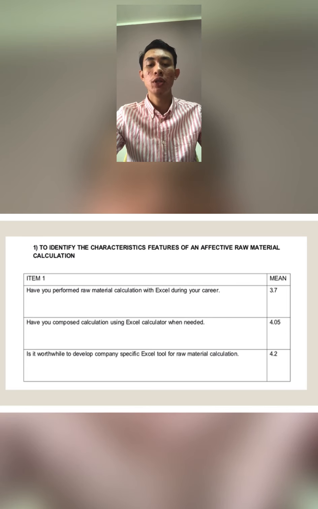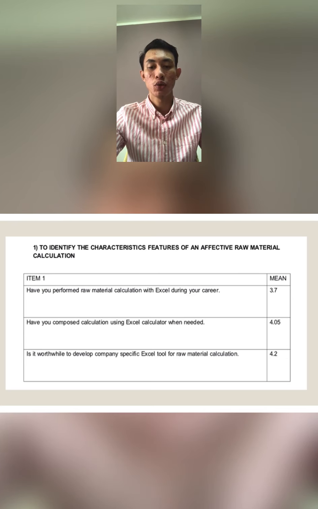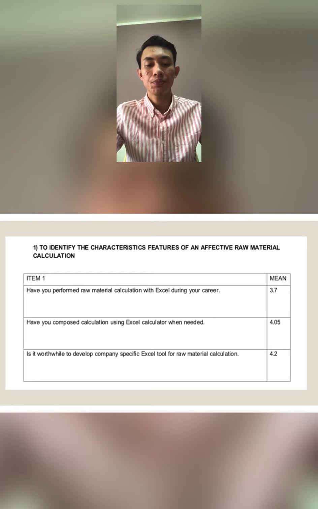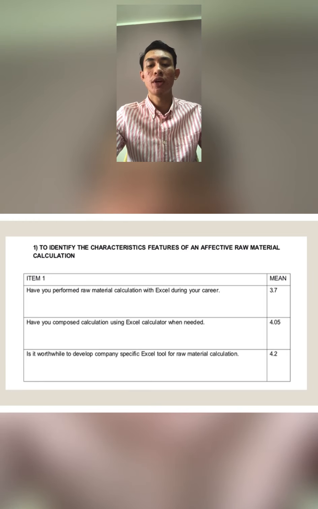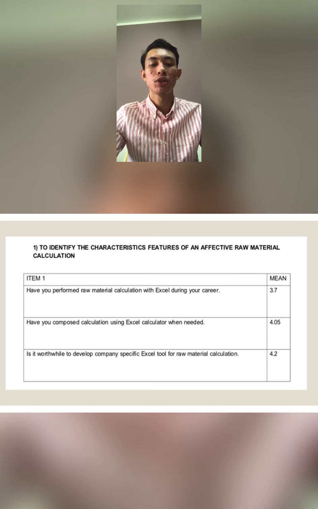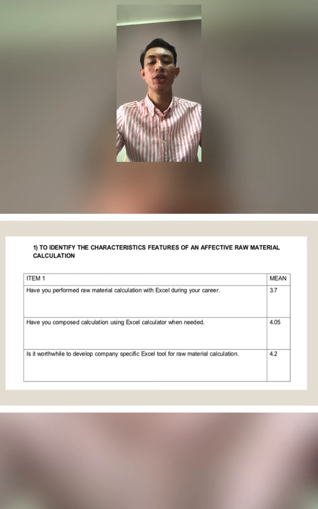Most of the respondents believe that we should develop a company-specific Excel tool for raw material calculation so that they can learn how to use the calculation tool during their career. Overall, they agree to compose calculation using Microsoft Excel when needed because this calculation method will help them to improve the method of calculation during processing the source product.